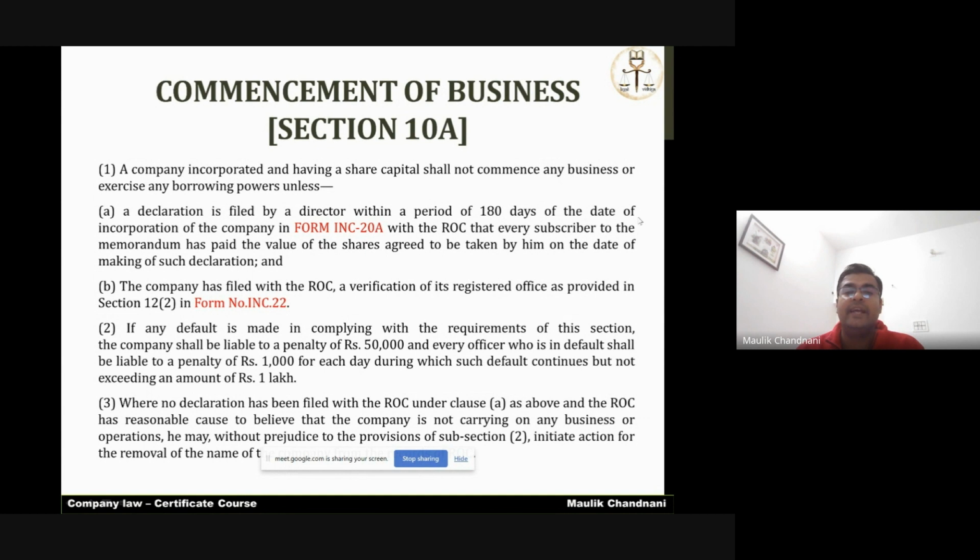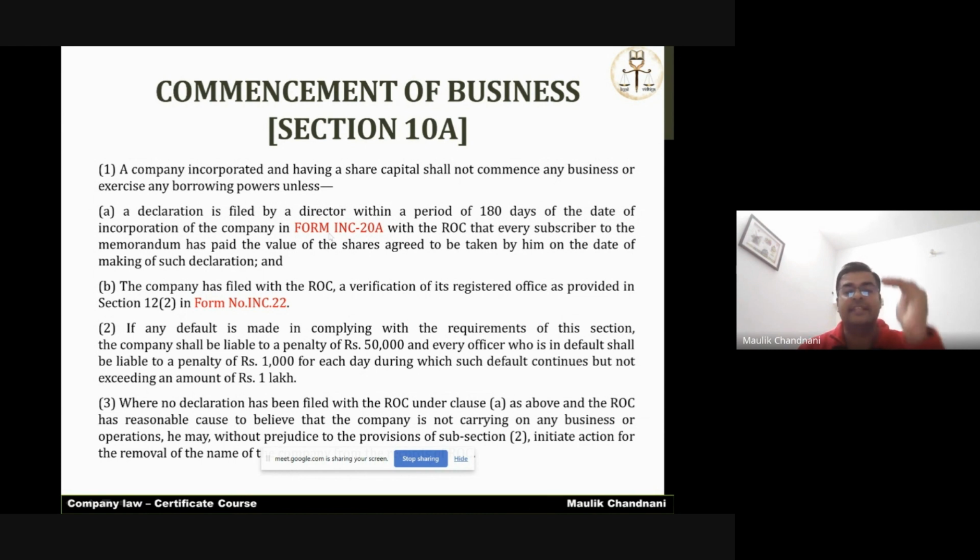Within 180 days from the incorporation, a declaration needs to be filed by a director. Any of the directors can file the declaration. It is not to be signed by all the directors. You choose any one single director through a board resolution. He or she will file a declaration within 180 days in Form INC 20A.